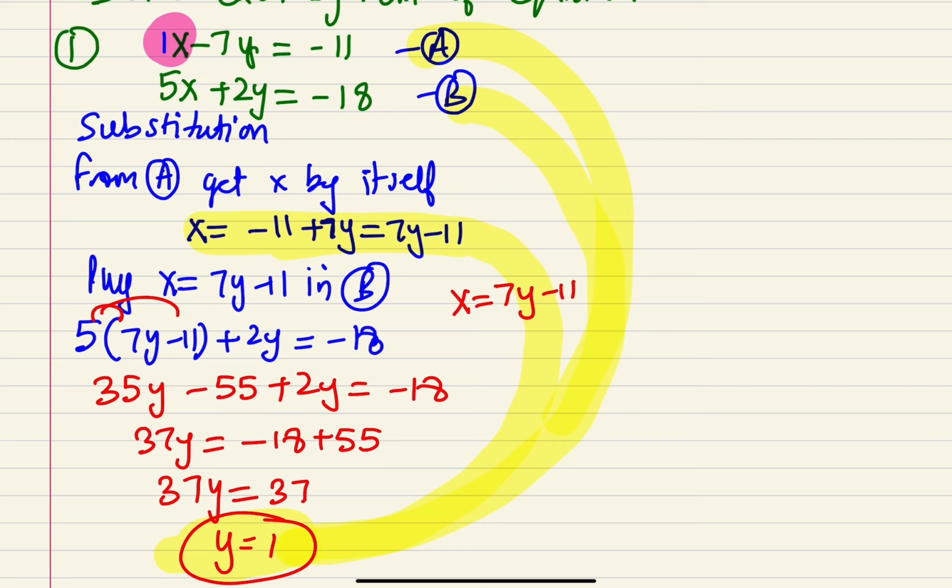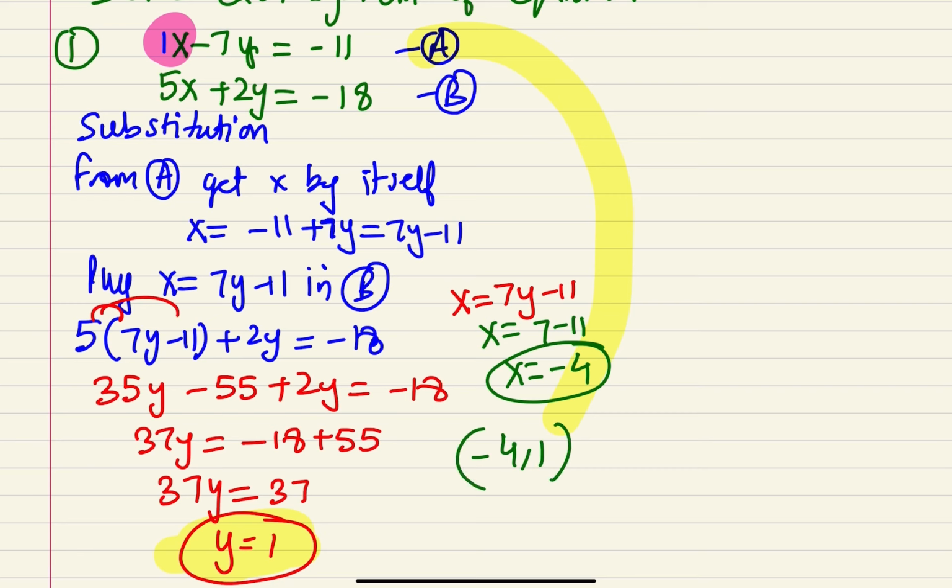So I'm going to replace y by 1. x equals 7 minus 11. So 7 minus 11 turns out to be negative 4. So my answer here, the solution set, is (negative 4, 1). The x coordinate goes first, the y coordinate goes later: (negative 4, 1).